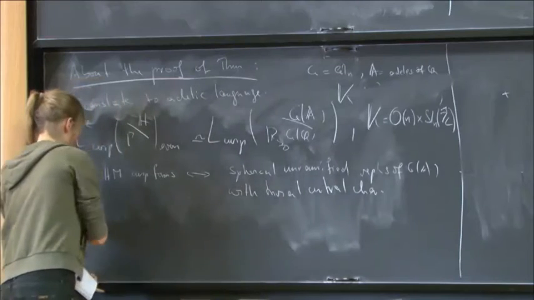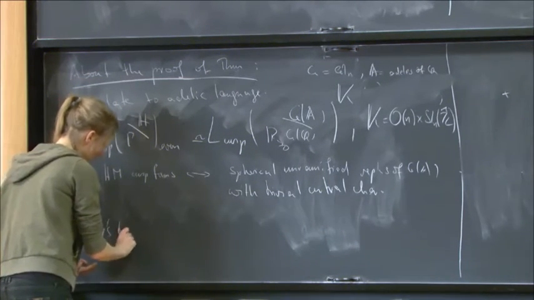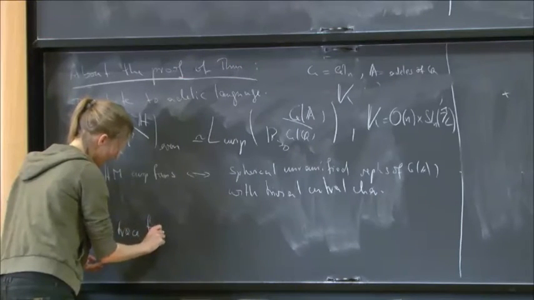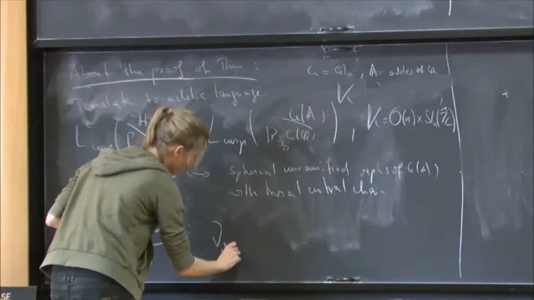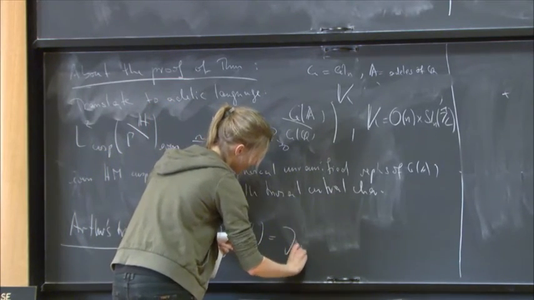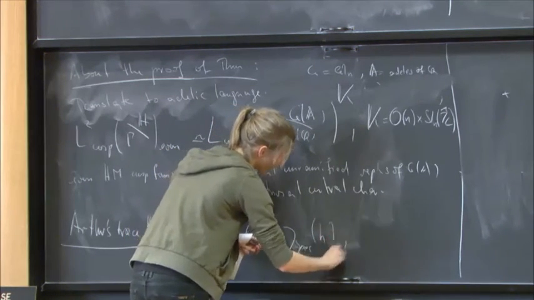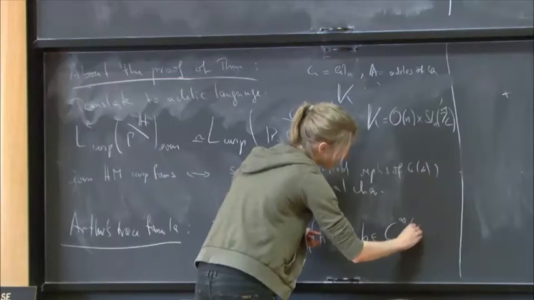And Arthur's trace formula, in its most abstract form, is just an identity of distributions of some geometric side and some spectral side on some space of test functions H, which are usually compactly supported.